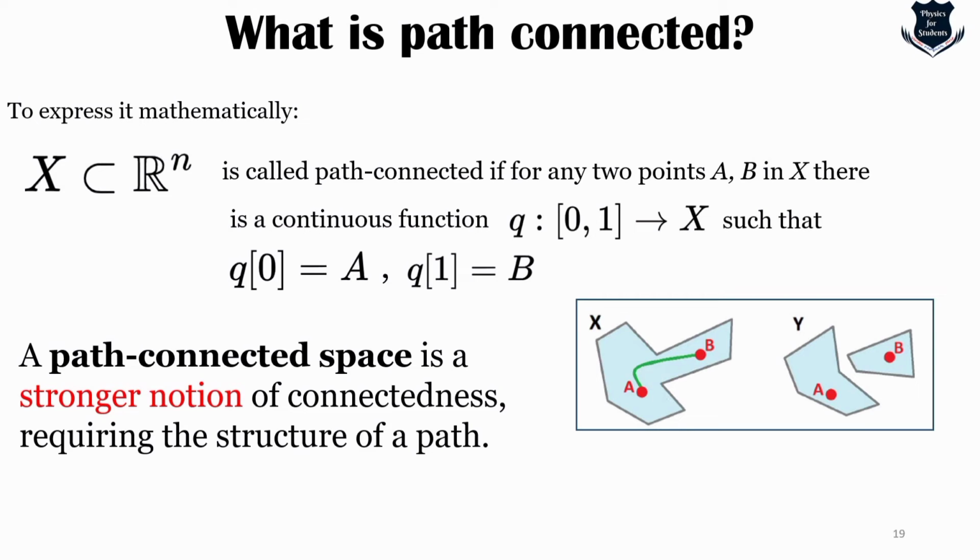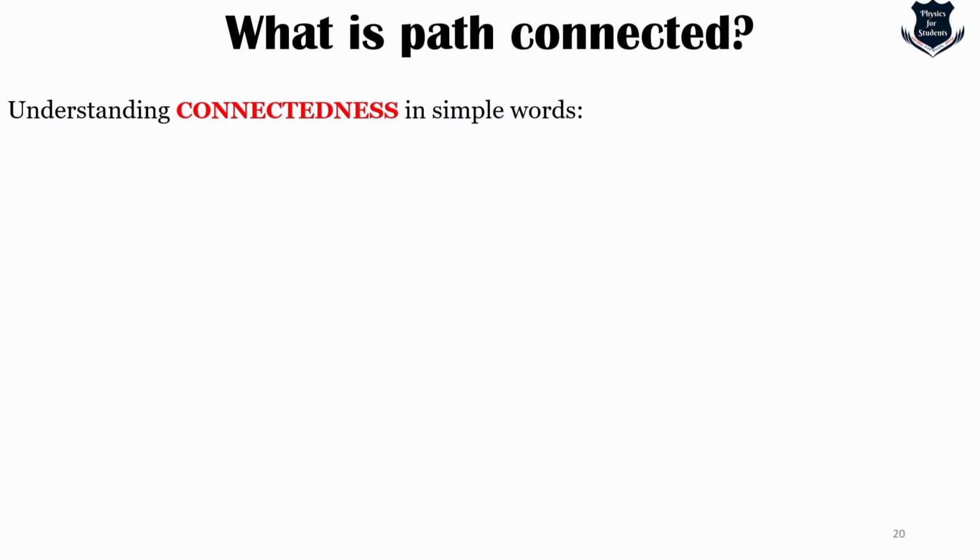Okay. Now that we have understood the mathematical description of what is called path connected, and why path connection is required, and that for path connection we need to construct featureless objects, let us find out in simple words what connectedness actually means. Connectedness means in some sense all in one piece. That means you have to connect all those things together.